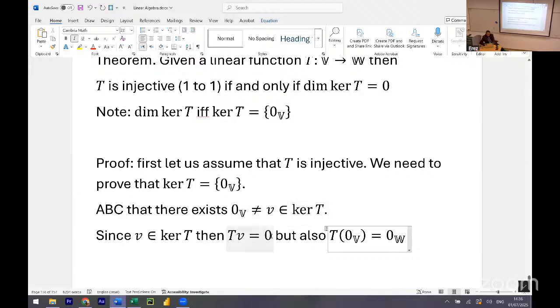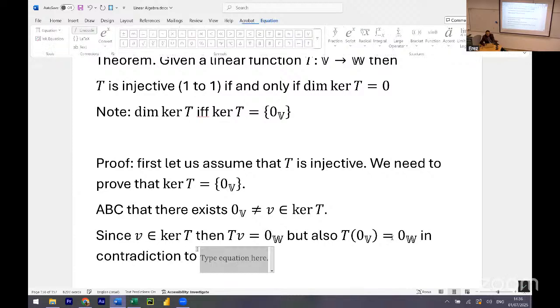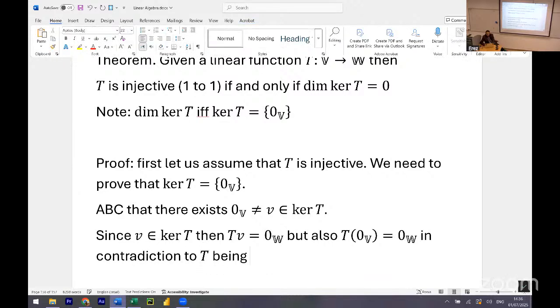This is also the 0 of W. Yes. So T of v is the 0 of W, and also T of 0 is the 0 of W, in contradiction to T being injective.